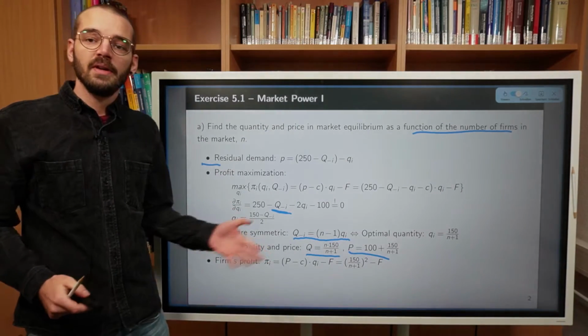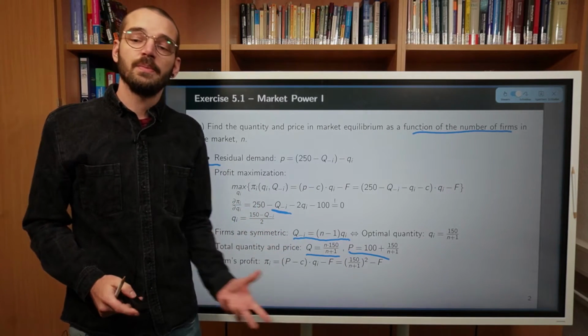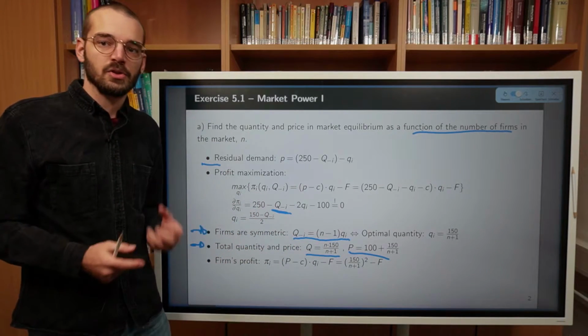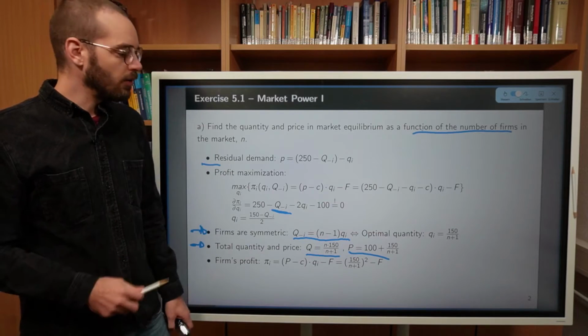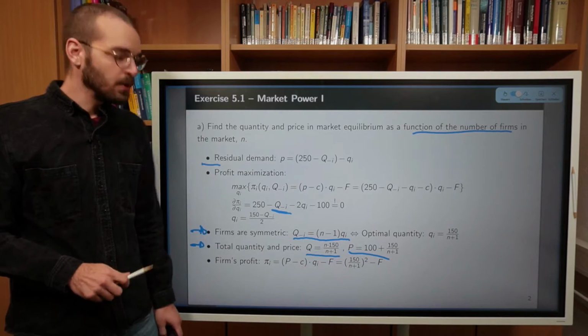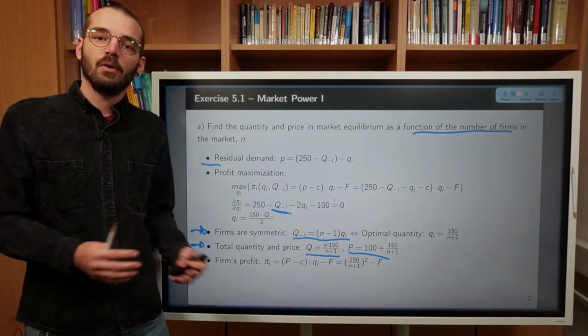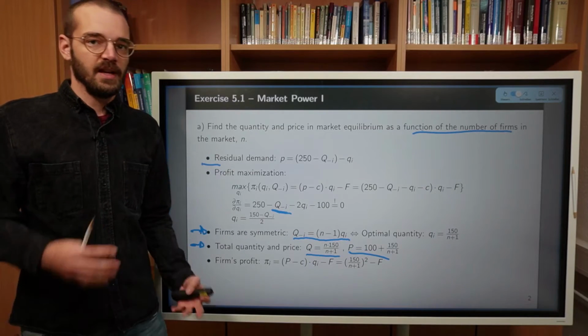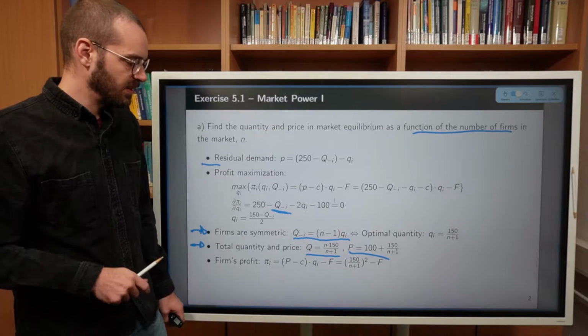Alright, now knowing the quantity and the price in equilibrium in the market, of course all as functions of the number of firms n, we can then calculate the profits of all firms as a function of the number of firms in the market.